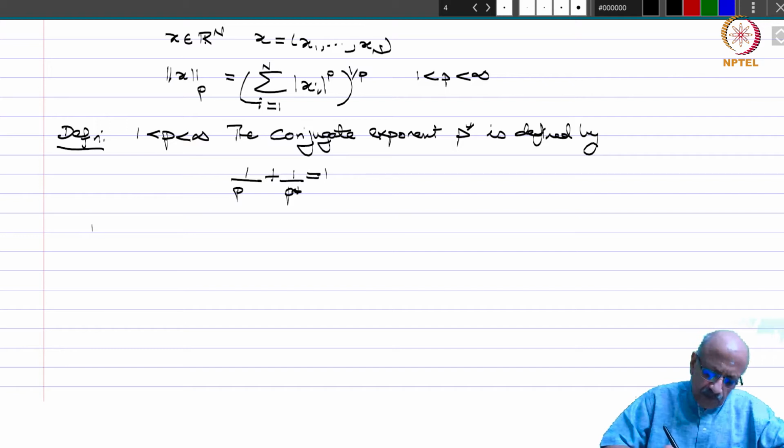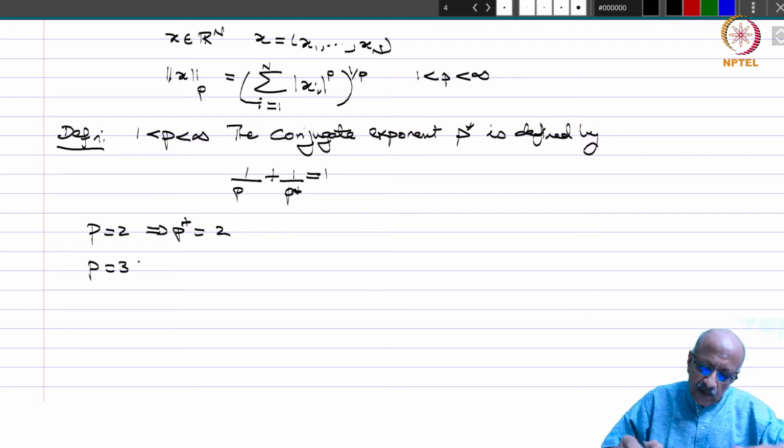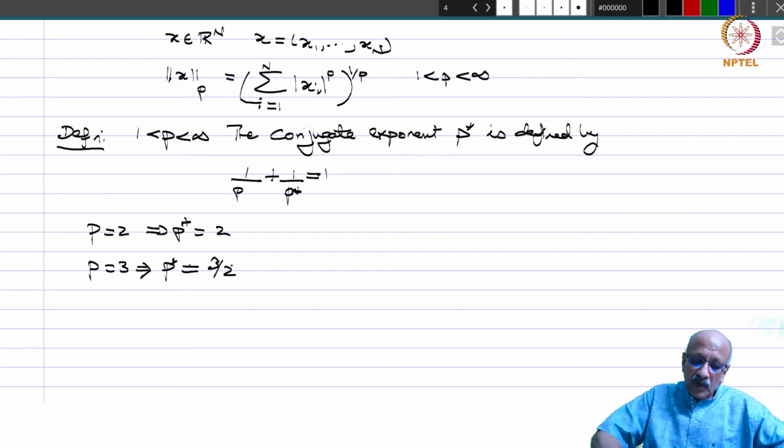So for instance, if p equals 2, then we have that p star is also 2. If p equals 3, then 1/p is 1/3, so you will need 1/p* to be 2/3, and therefore p star will be 3/2, and so on. So this is how we define it.